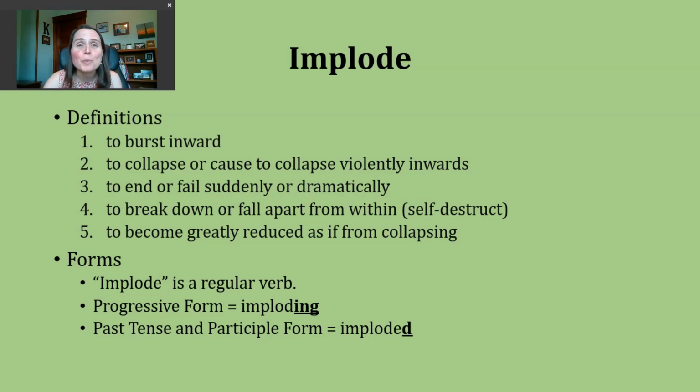A third way to use the verb implode can mean to end or fail suddenly or dramatically. I know I have heard this verb used to talk about maybe a particular team that seemed to be performing really well in a game or some type of athletic competition, and then all of a sudden it just falls apart and they end up losing rather spectacularly.